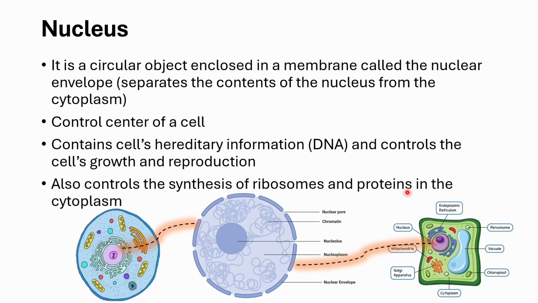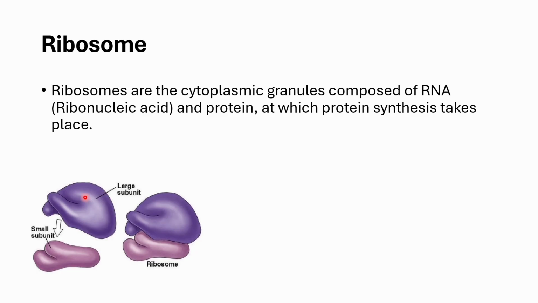The next organelle is the ribosome. Ribosomes are cytoplasmic granules composed of RNA, which is ribonucleic acid, and protein, and they are the site at which protein synthesis takes place. This picture right here is a ribosome. It has a large subunit and a small subunit.